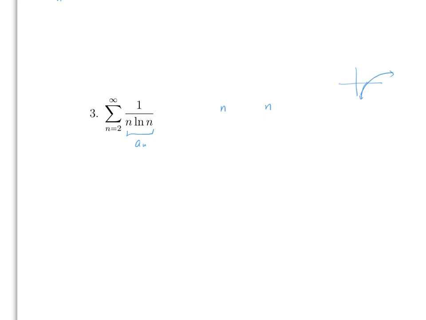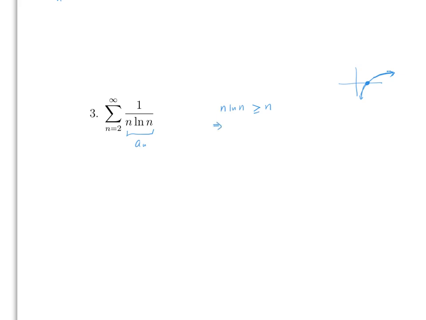It does go to infinity, but since n is more than 2, it will be this part. So you can see this is always a positive number and bigger. So if you multiply by a number that is more than 1, clearly this has to be greater than or equal to n.